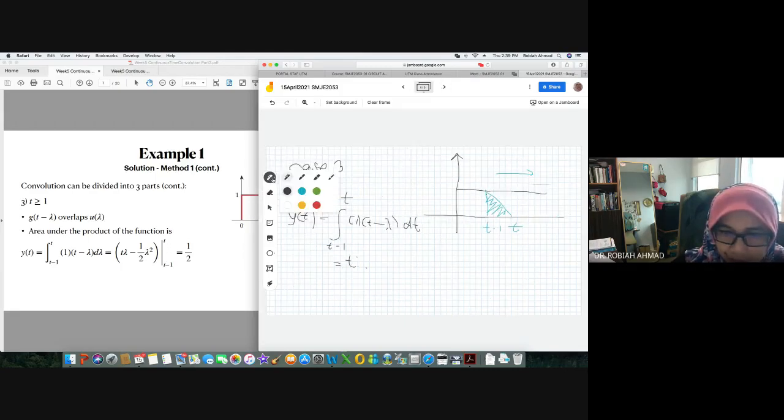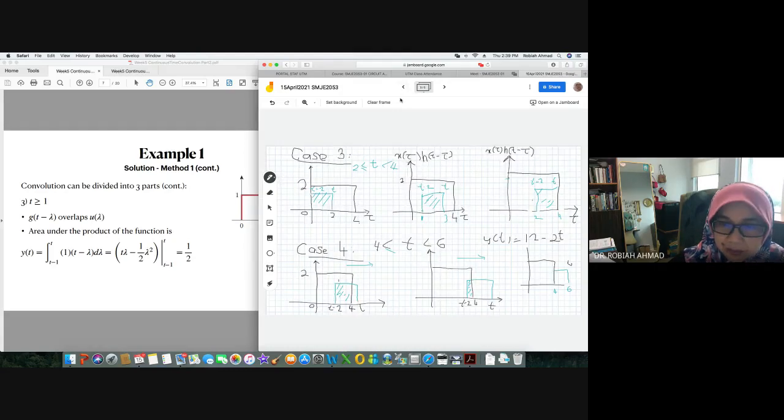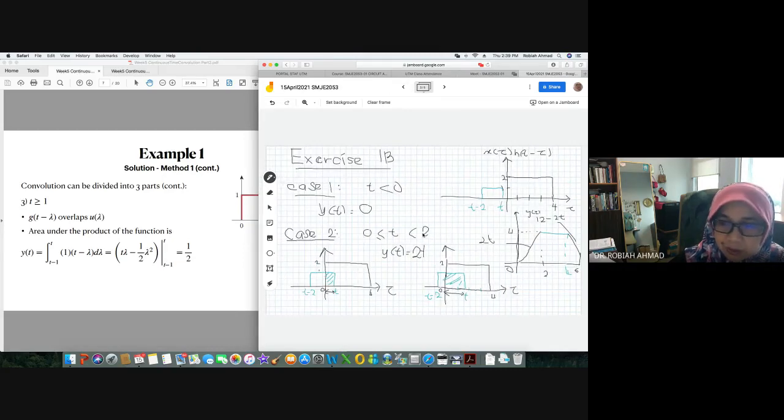So t tau minus tau square over 2. The only difference is the limit. So this one will be t minus 1 to t. If we look at the previous examples, when we do the integration, it will always be the same function because it is x(t) and h(t minus tau).